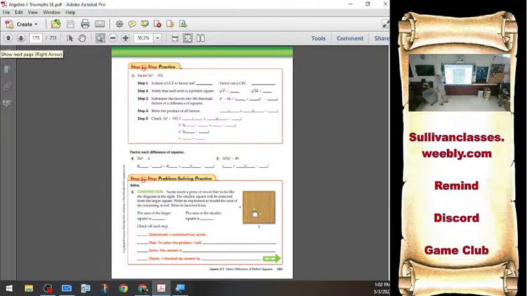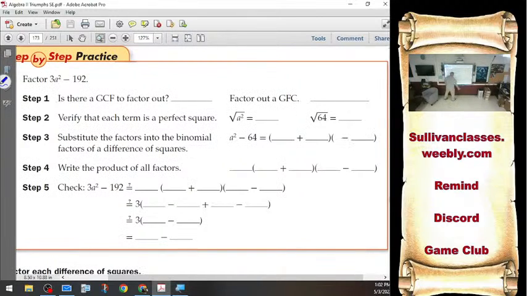Now these. 3a squared. I take a look at it and I say, is 3 a perfect square? No. 3 is not a perfect square. Is 192 a perfect square?